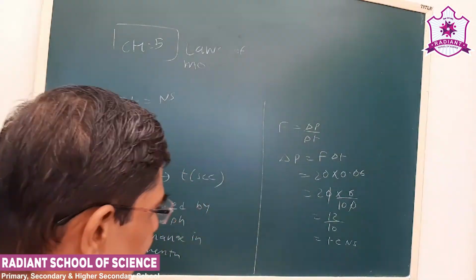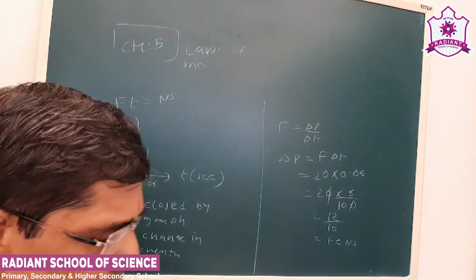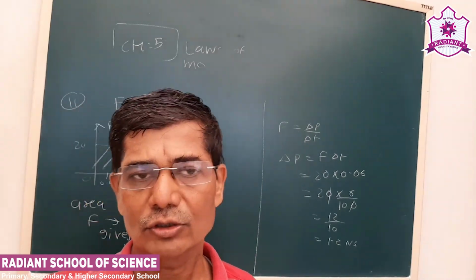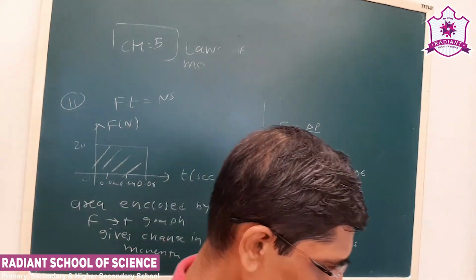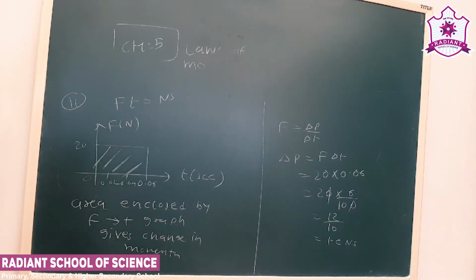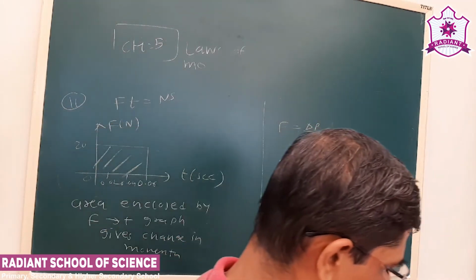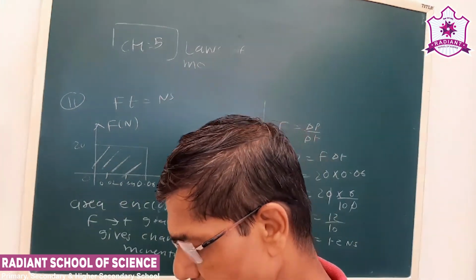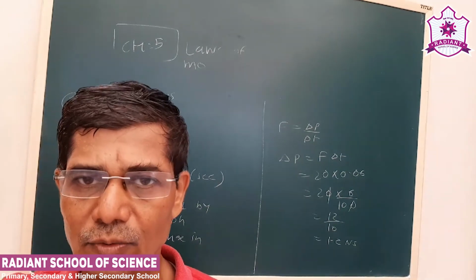We have taken some of that. So this was all about our lesson number 5, that is laws of motion. We discussed a number of things here. First we talked about inertia. We studied Galileo's law of inertia: an object at rest will remain at rest, an object in motion will continue in motion.